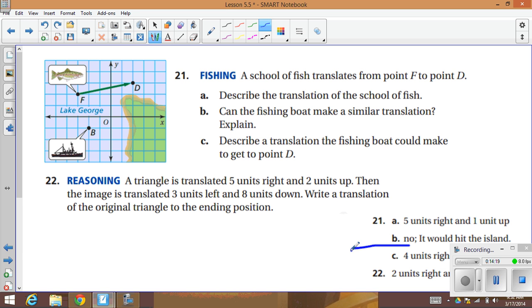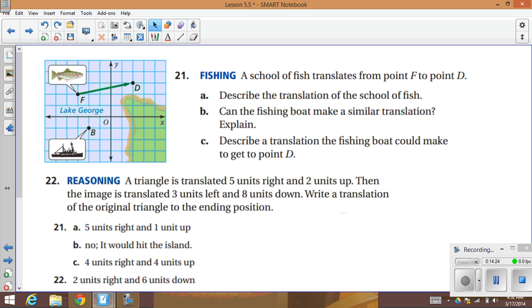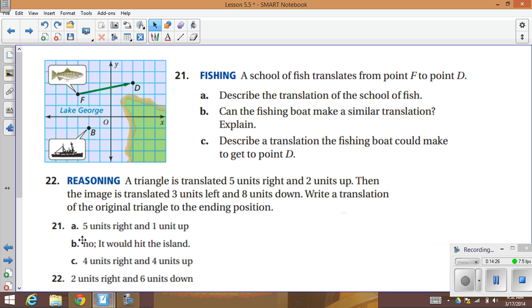21, the solution is, for part A, 5 units right and 1 unit up. Part B, can the boat make a similar translation? No, it would hit the island.